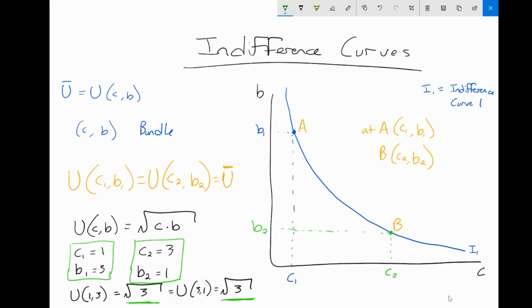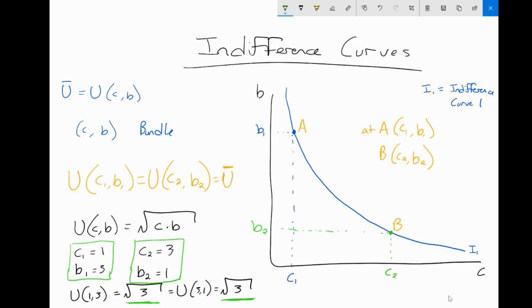These are fair examples of a utility function, and of bundles that lie on the same indifference curve.